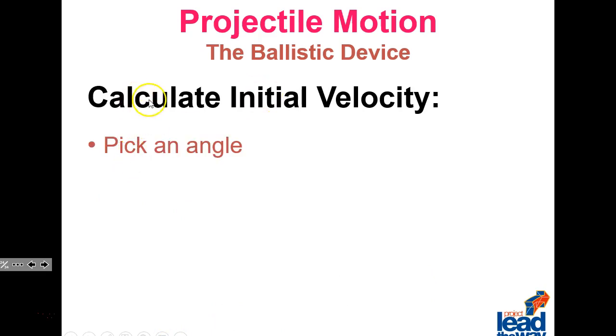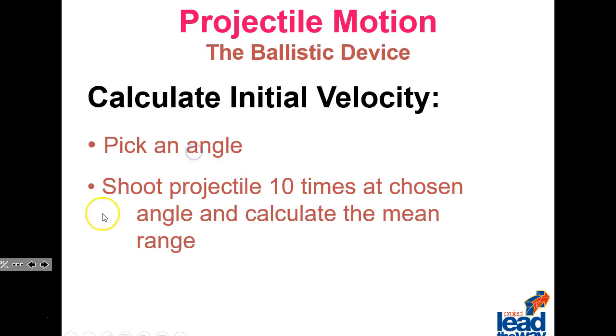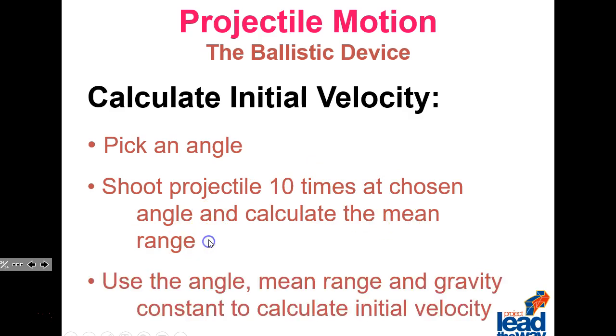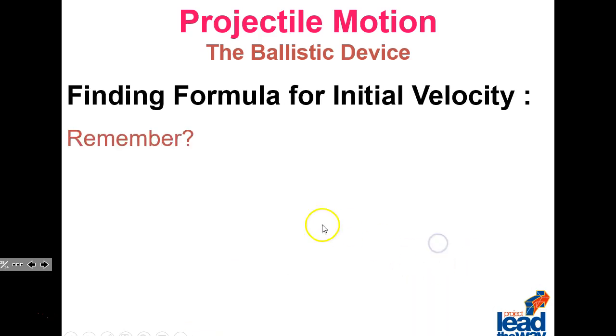Okay, so first, calculating the initial velocity, we pick an angle. We shoot the projectile over and over again at a chosen angle and calculate the mean, or the arithmetic average. We then use the angle, the mean range, and gravity, that's the acceleration due to gravity, to calculate the initial velocity.